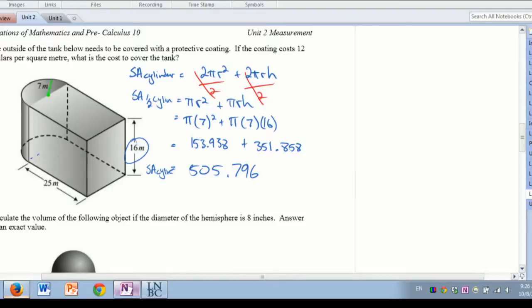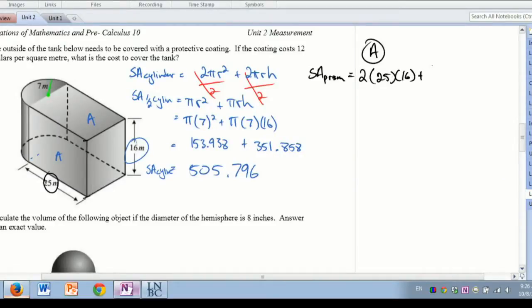So maybe I'll do this front face, I'll call this A, and that back face is A. So this is going to be the surface area of my prism. How many A's do I have? Looks like I have 2 of those, so I have 2 times, I'll write A up on the top here, 2 times length times width. So the length of that is 25 and the width would be 16.